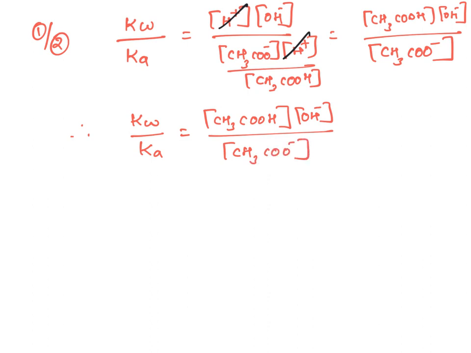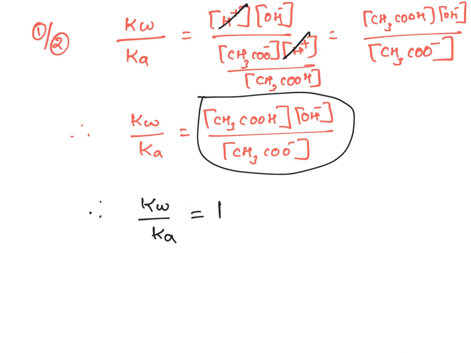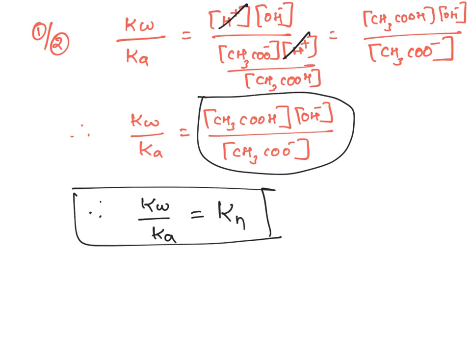If you observe clearly, this entire term is equal to Kh, so this entire term I can represent as Kh. This is the relationship between hydrolysis constant, acid dissociation constant and ionic product of water. That is, Kh equal to ionic product of water by acid dissociation constant.